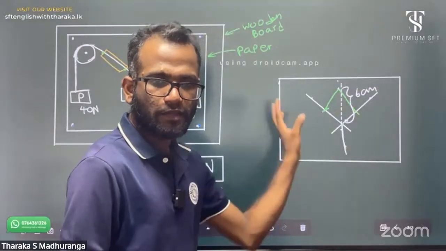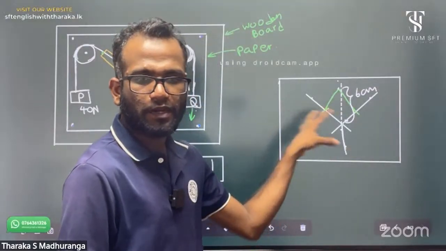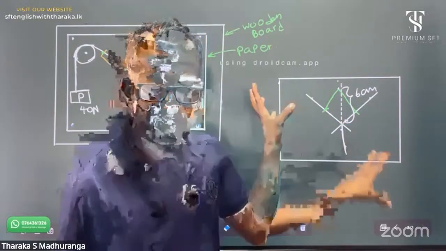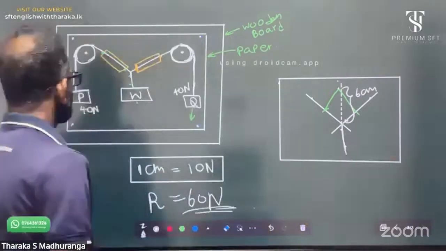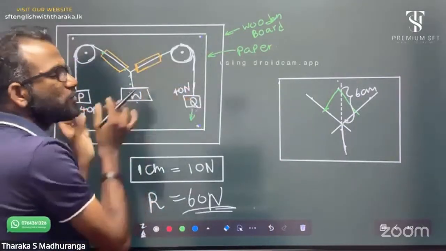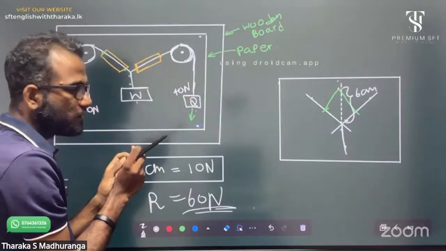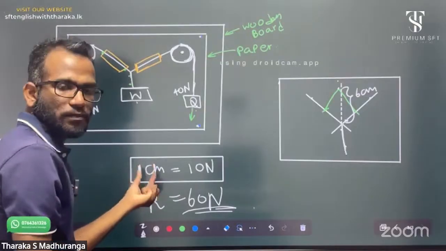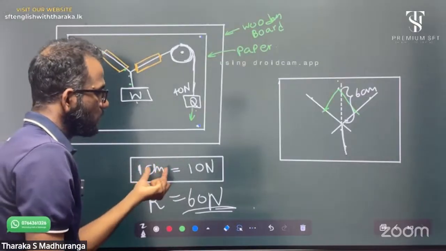Separate the paper from the system, from the board. Now P and Q, both masses are known masses, no? Known masses. Then we can select a suitable scale.